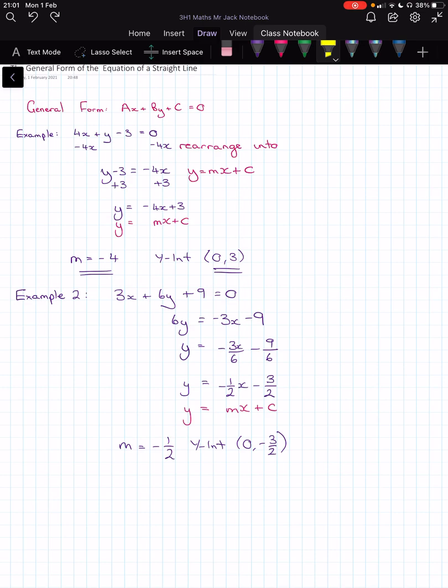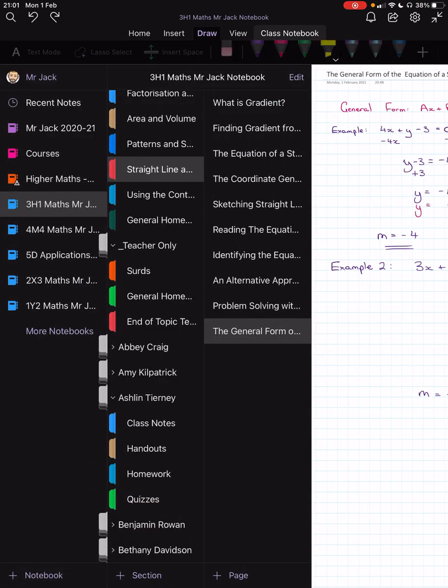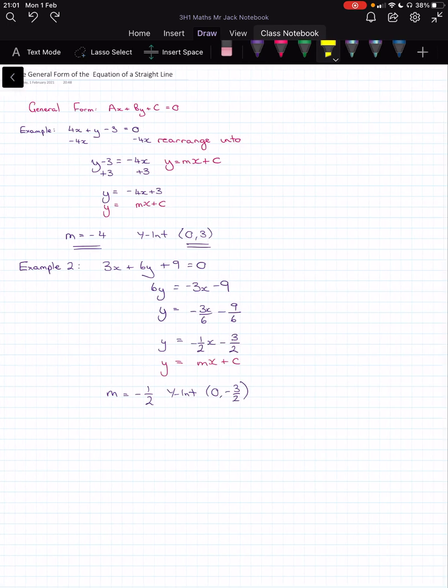If you need any help at all with this, or you're not sure about anything, watch the video, stop the video, have a go at it. You don't have to watch the video in one sitting, you can go at it as many times as you like. If you want to see this solution as it is on the screen now, you can go into your class notebook, content library, into straight line, and then this one's called the general form of the equation of a straight line.